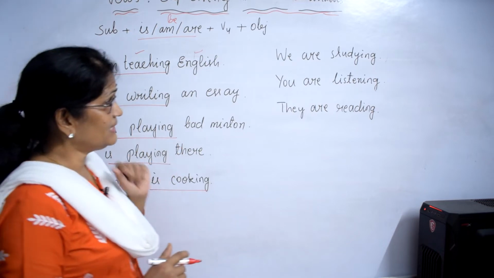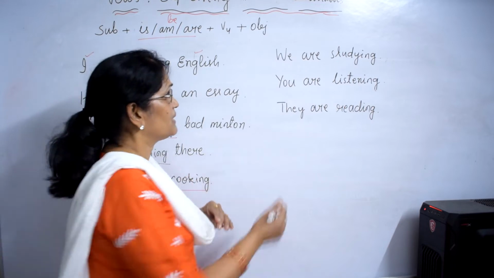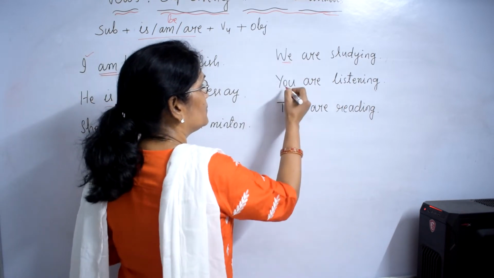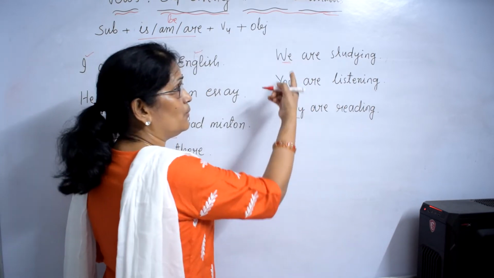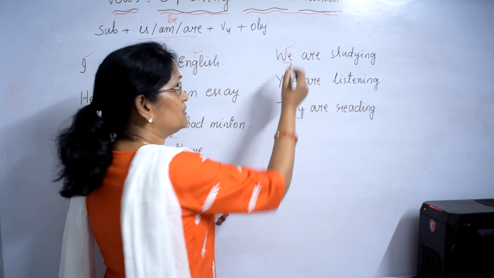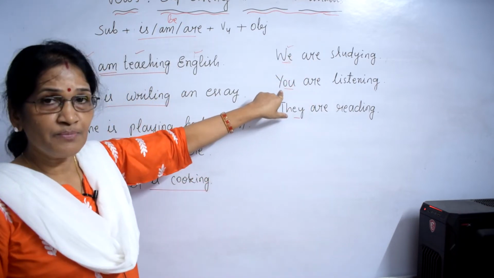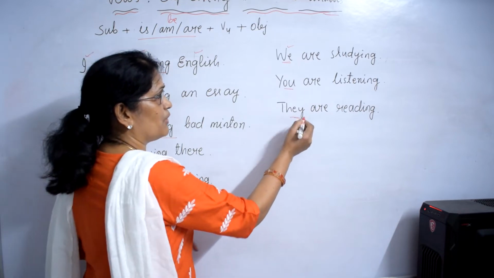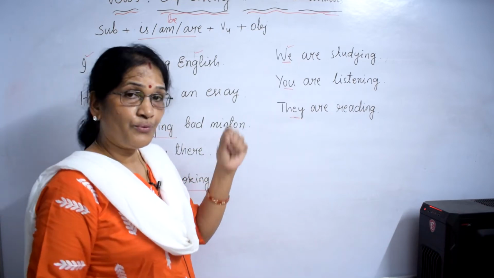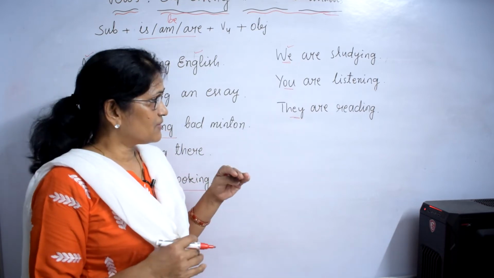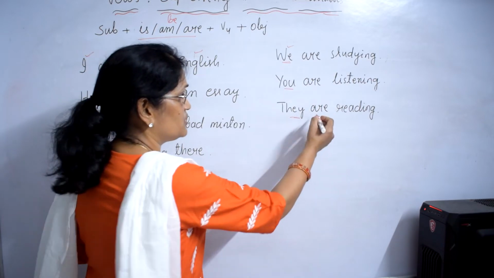Then where you use are. We, you, they. We use are. First person pronoun we, second person pronoun you, third person plural pronoun they. And with all kinds of plural nouns we use are.